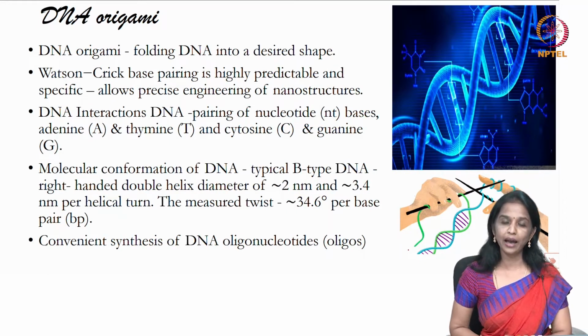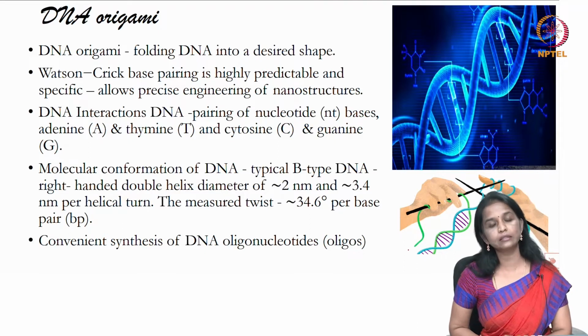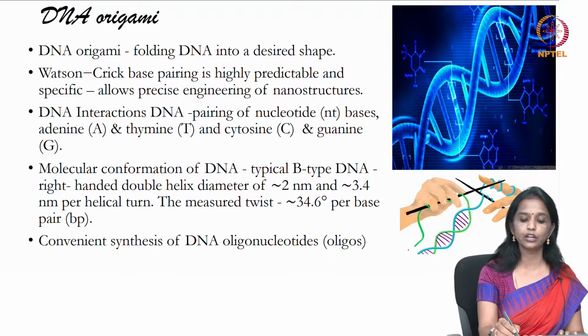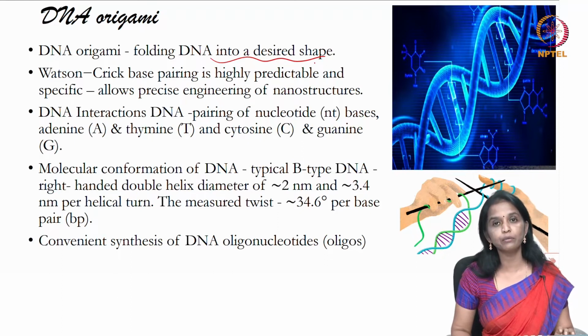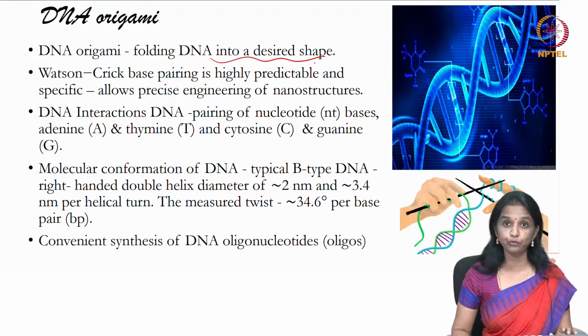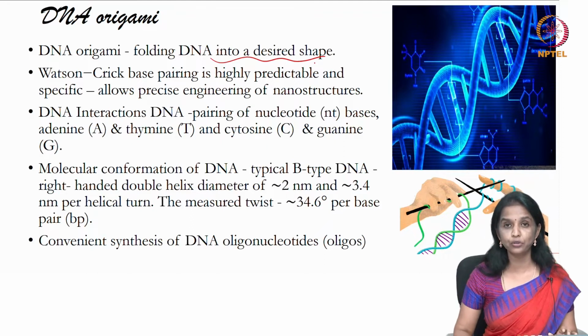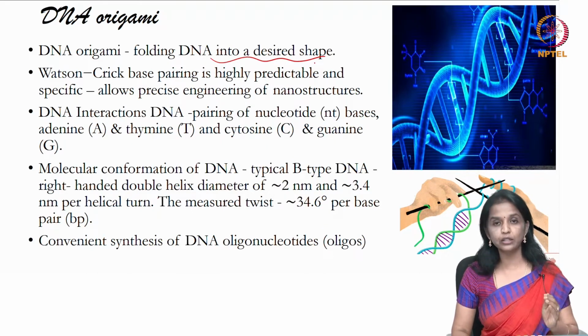DNA origami, as the word so beautifully describes, origami, we all know, is a method to take any structure into a desired shape. And with the prefix DNA in front of origami, all we need to know is that the structure is being made with DNA as the model.